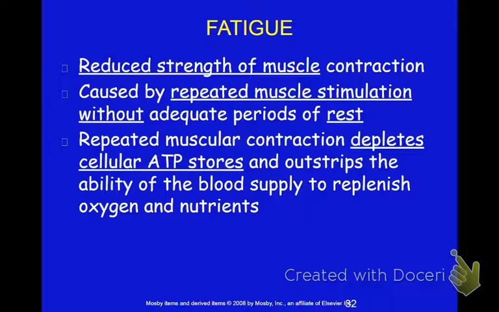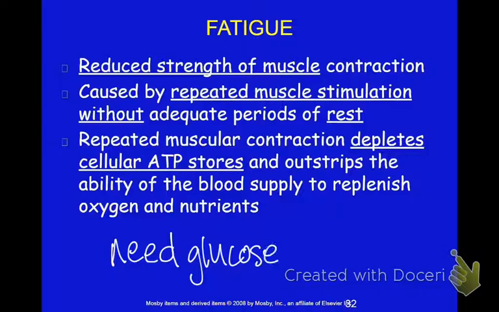And again, what do we need in order to make ATP? We need glucose, and to make the most ATP, what do we need? Water, energy. No, ATP is energy. Oxygen.